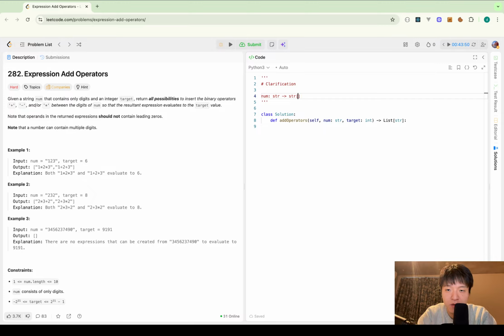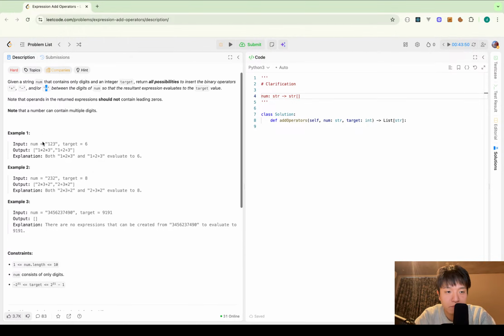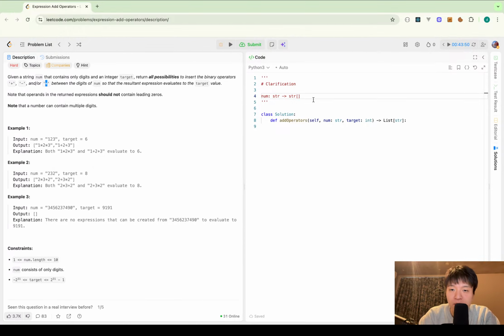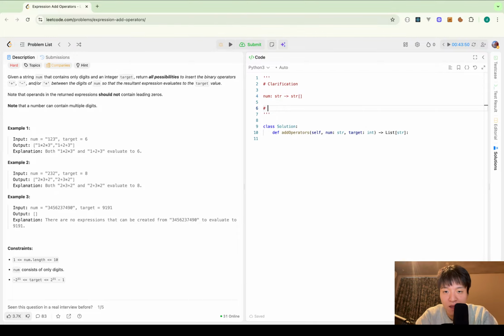Each string represents a mathematical operation, not an equation, which includes numbers and plus, minus, or asterisk. And each operand cannot have leading zeros.